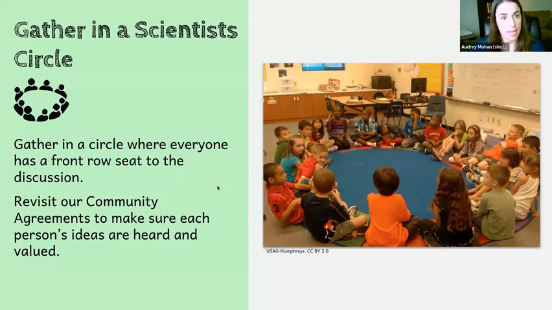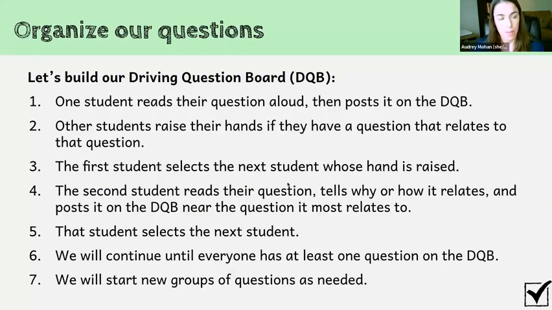So we'll gather in our scientist circle, and we have an example of how you might want to organize your questions. Often one student will share a question and read it out loud, and they'll put it up on the board. And then you might say, does anyone else have a question like that? Several other students might have something similar, and they can go put those questions up close to the first question.